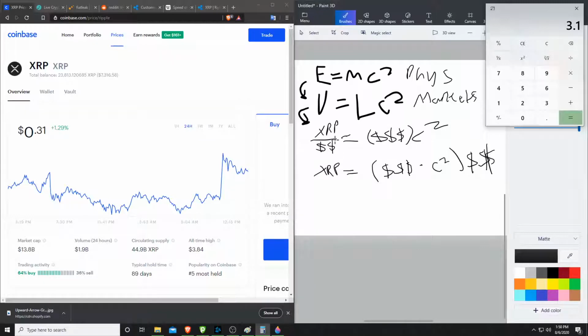So 3.1, just for an example. So this was $10. Keep in mind, $10. So 3.1 is equal to $1 times the speed of light squared.